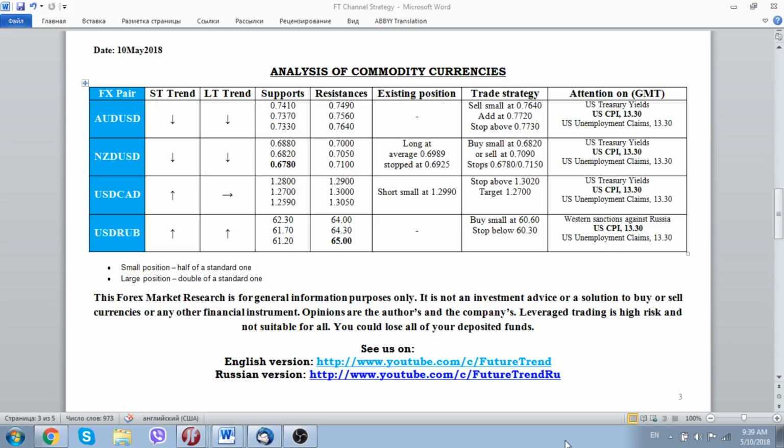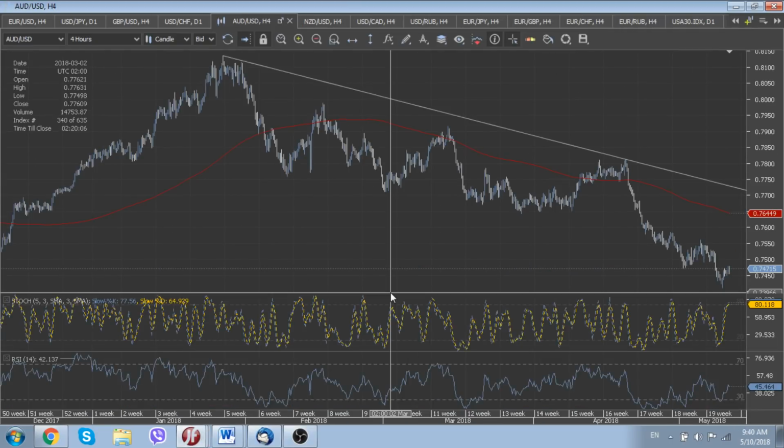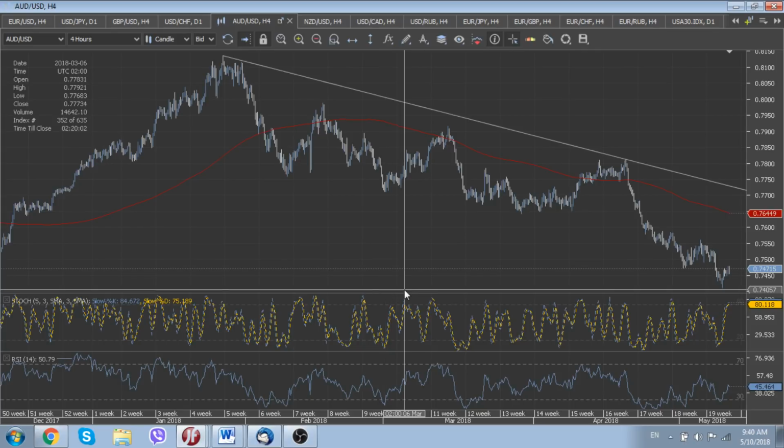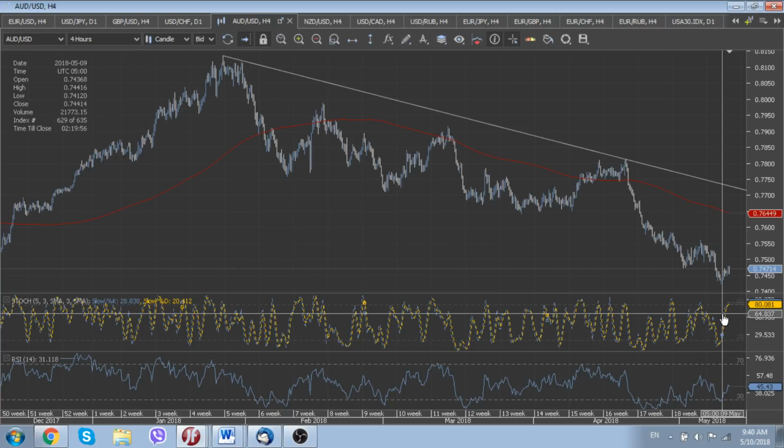And probably the Australian dollar is in the process of a possible, let's say, small turnaround. Let's see the picture. At the moment, the pair is trading around 74.71 and made a low yesterday around 74.12.